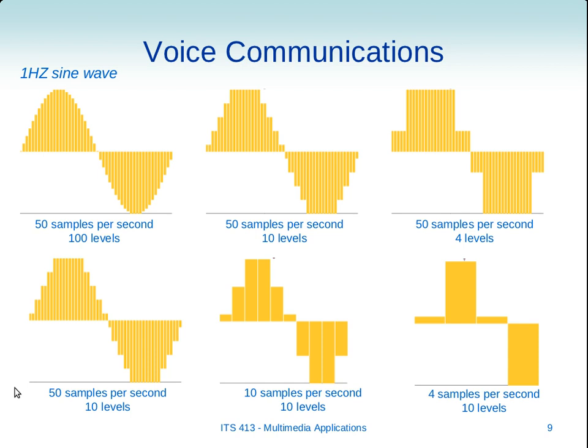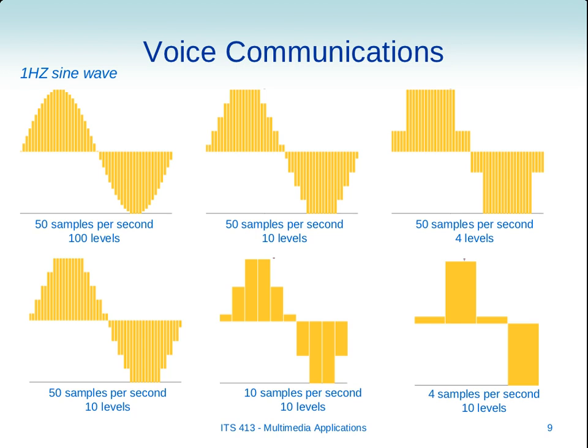Now coming back to our different examples here, in the top left, the first diagram, we have 50 samples per second and we have many levels, 100 levels in this case. All right, the numbers I've used here are not so good. They do not convert to binary values.